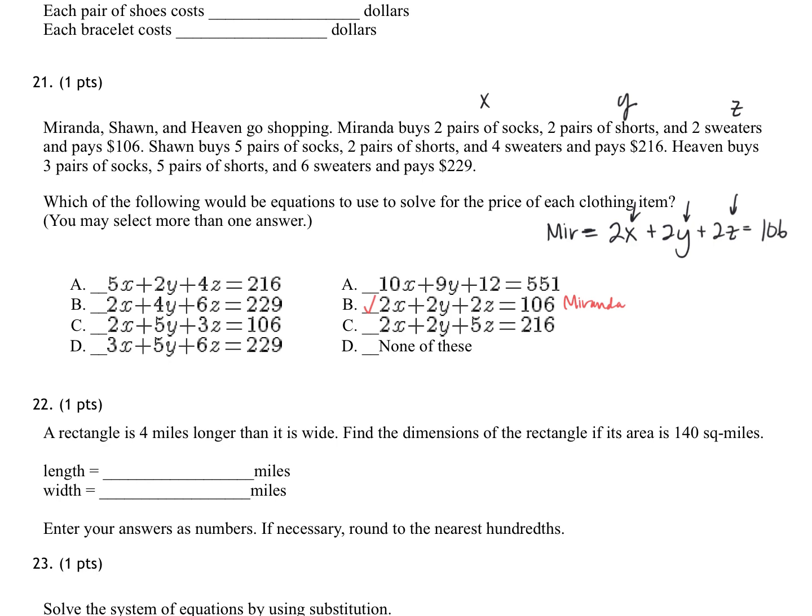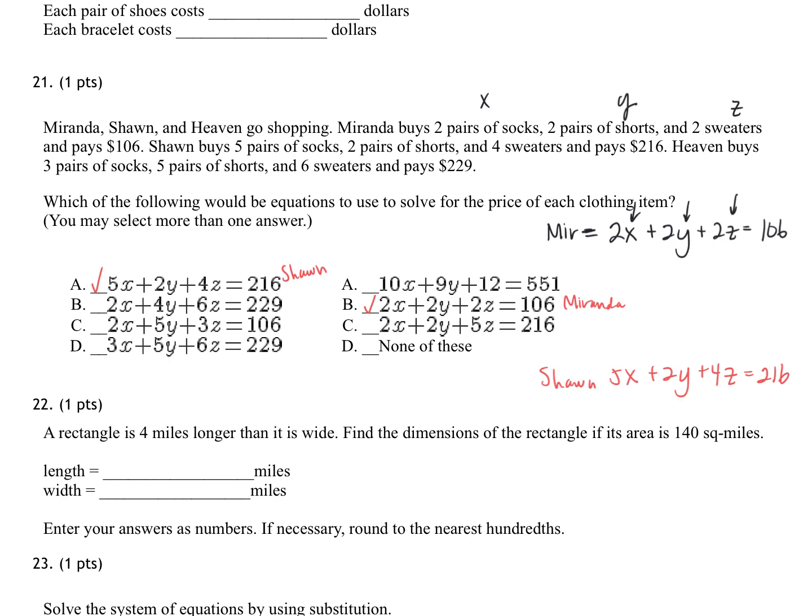Sean buys 5 pairs of socks, 2 pairs of shorts, and 4 sweaters. And she spends $216. So we're looking for 5x plus 2y plus 4z equals 216. So that's A. So there's Sean. I don't know why there's 2 A's and 2 B's, but it's that A.